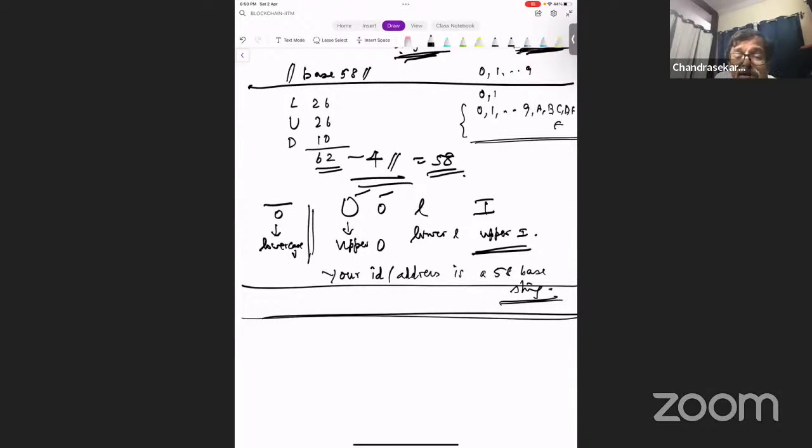Oh, no, it is called a base 58 representation. That's all. The decimal representation is base 10 representation. Hexa is base 16.